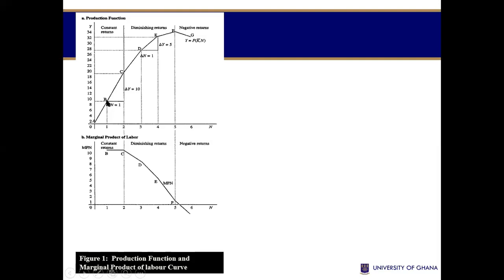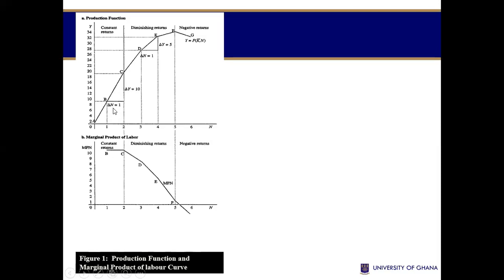If we move from B to C, the change in labor is 1. What is the change in output caused by this unit change in N? C is around 19, so 19 minus 9, the change in Y, is 10. When labor changes from 1 to 2, MPN is 10. MPN is dY/dN, the change in Y over the change in N.